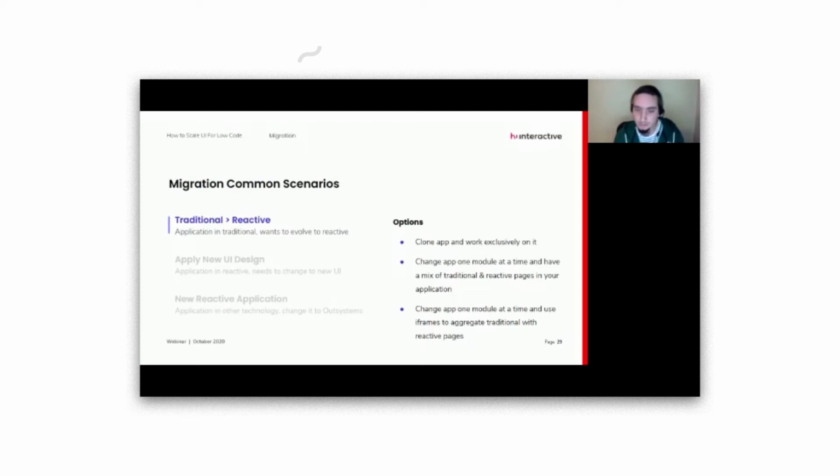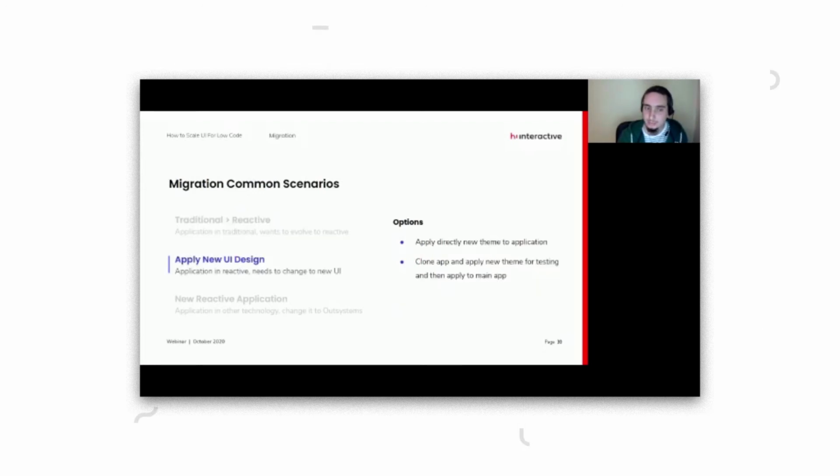It will depend on the needs that you have, but this is an option when we are transforming a traditional application to reactive, and then later on, when everything has evolved, we can create our reactive pages and use those blocks that are already in reactive inside them.